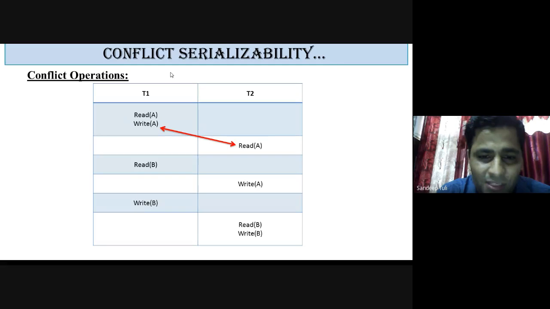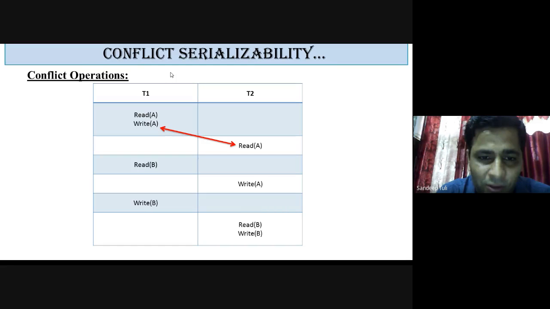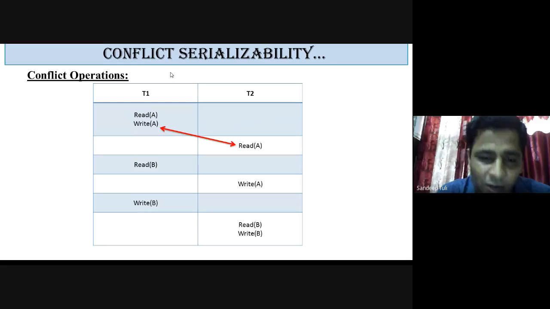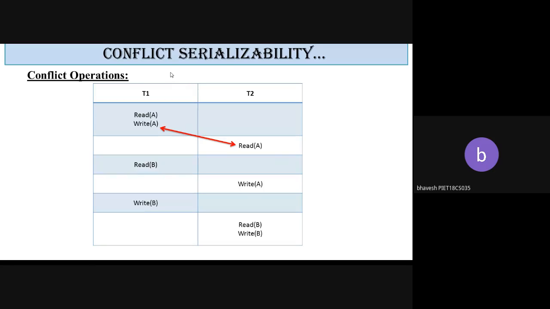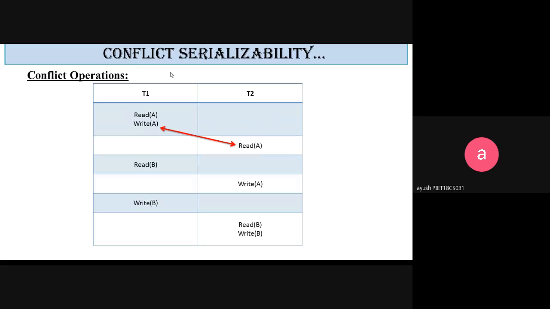Now the second one, whether they are working on the same object or not. Same object, sir. Both are working on the same object, that is A. Or one of them is a write operation or not. Yes, sir. So now tell me whether they are conflicting or not. Conflicting, sir. So can we swap or not?